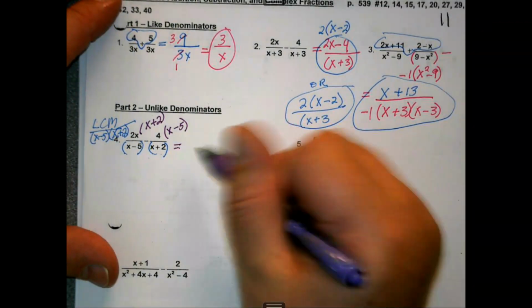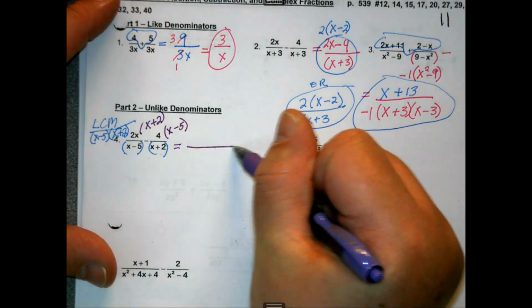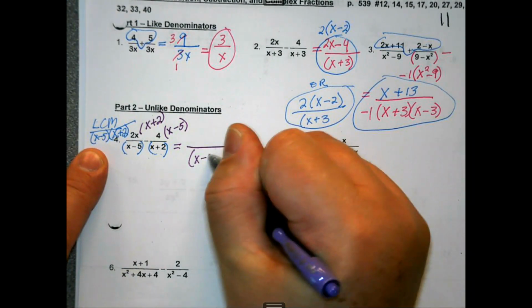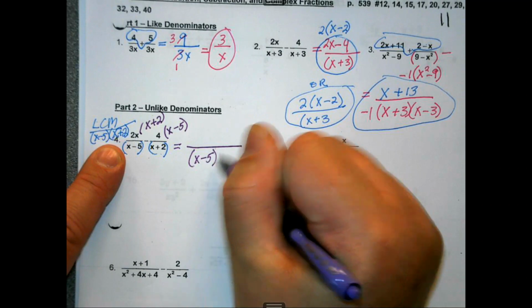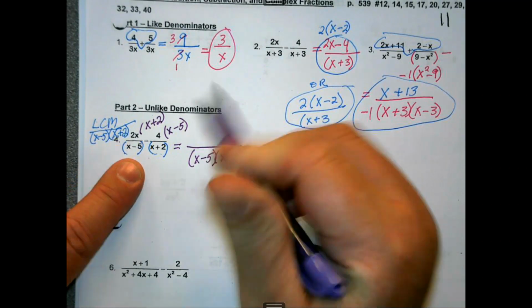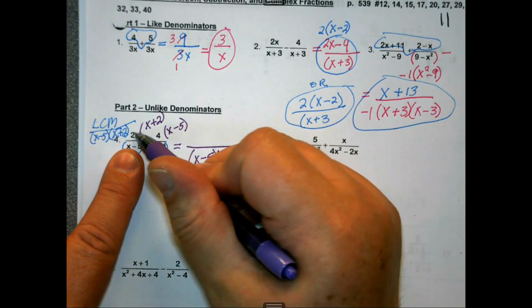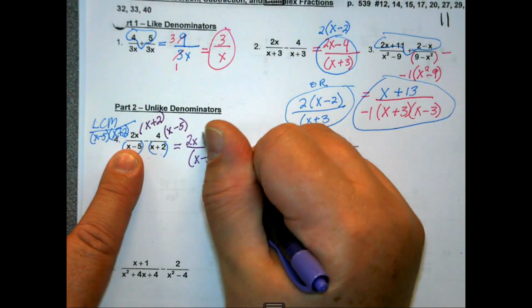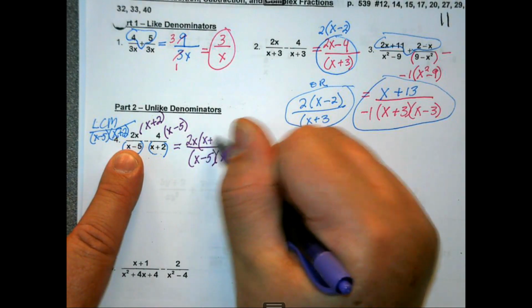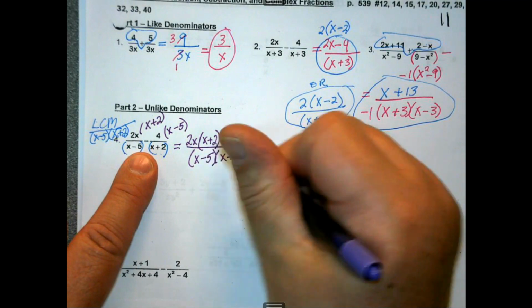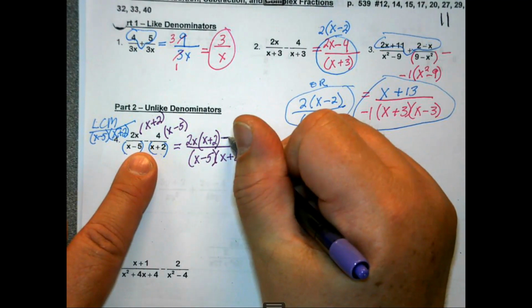All right, so my denominator is going to be x minus 5 times x plus 2. My numerator, I'm going to write it out, 2x times x plus 2. Now be careful here. Okay, subtract.